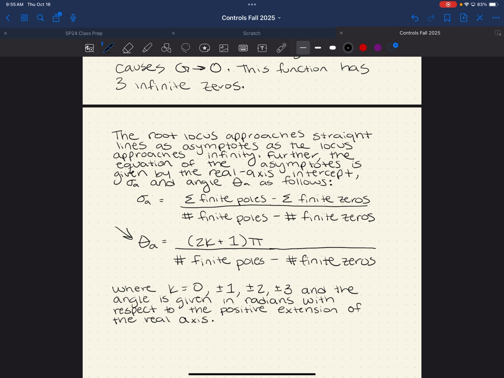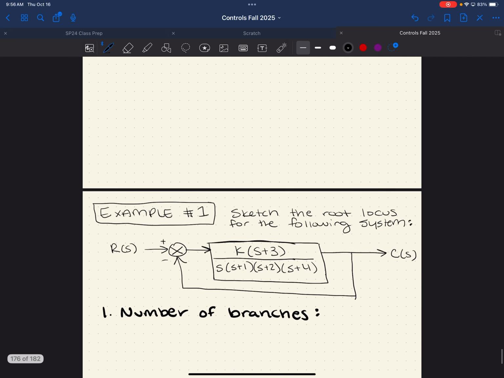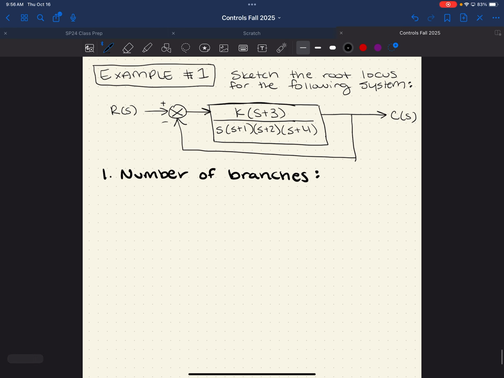That refinement might be, exactly where do these branches leave or return to the real axis? After these first 5, we'll know that they do leave and return to the real axis, but we won't know exactly where. So just foreshadowing for the next section. All right, so let's do an example of the rules we've looked at so far.